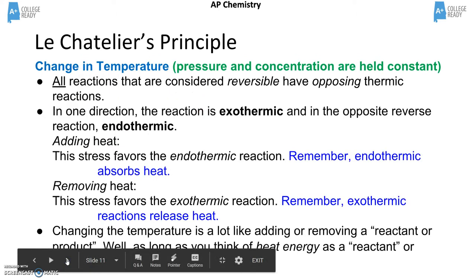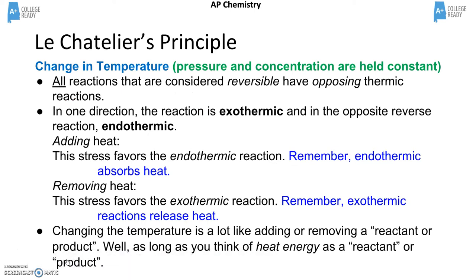If you change temperature, this is where we have to look at the thermodynamic value of the reaction. So if the reaction is exothermic, the opposite will occur. If you add heat, the stress favors the endothermic reaction. Remember, endo absorbs heat. Endo is also going to be on the reactant side.